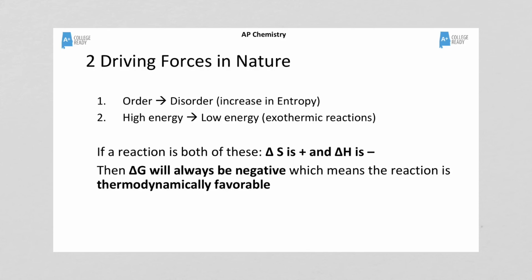If a reaction has both an increase in entropy and is exothermic, delta G will always be negative. It doesn't matter what the temperature is or what the situation, this is a thermodynamically favorable reaction. However, reactions can also be thermodynamically favorable if they only have one of these driving forces. We'll look at that on another slide. So if they have both, it's always favorable. If they have one or the other, it can be favorable, but the temperature will determine it.